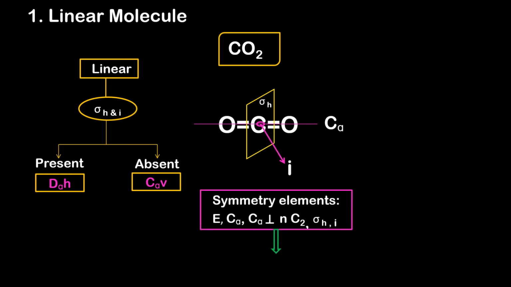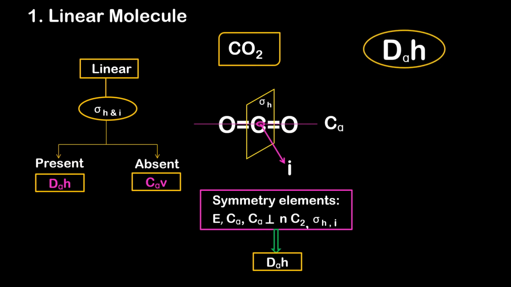So these are the symmetry elements for the CO2 molecule, and the point group becomes D infinity h because it has sigma h and i present. For better understanding, let's take some other examples for the D infinity h point group: H2, Cl2, Br2, O2, N2 and ethylene molecule. These molecules have these symmetry elements.